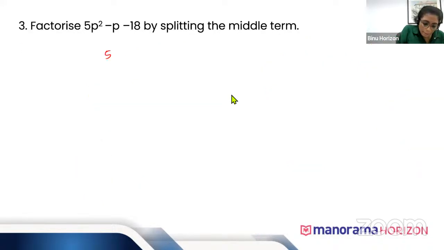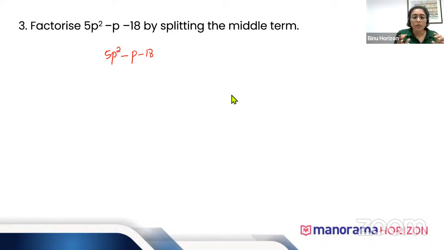Factorize 5p square minus p minus 18, by splitting the middle term. In the previous one, it was not particularly said to factorize; in this particular question, it is said to factorize. So when you get a quadratic, we are doing this for the quadratic polynomial, because they have the degree as 2. Now here the variable used is p.